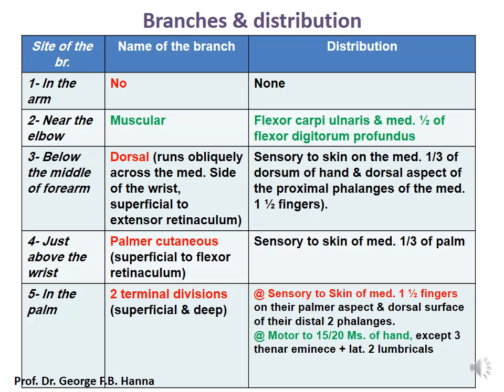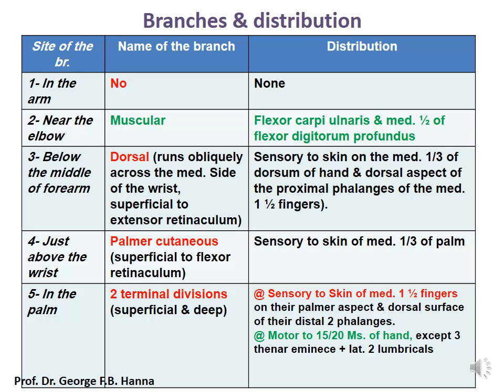Number 3, below the middle of the forearm, it gives rise to the dorsal branch, which runs obliquely, superficial to the extensor retinaculum, to be distributed to the skin on the medial 1/3 of the dorsum of the hand and the dorsal aspect of the proximal phalanges of the medial 1.5 fingers. Of course, the distal 2 phalanges will be supplied by the palmar side.